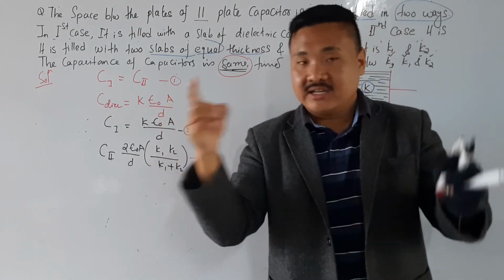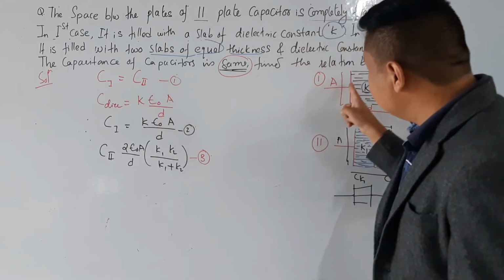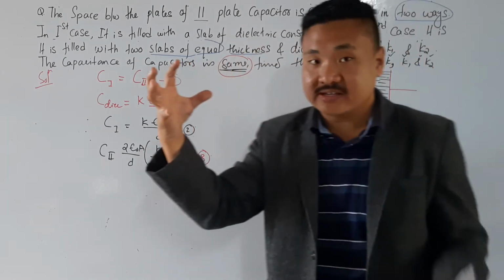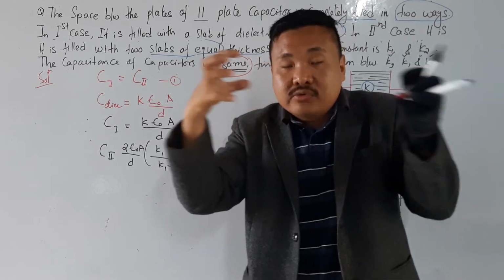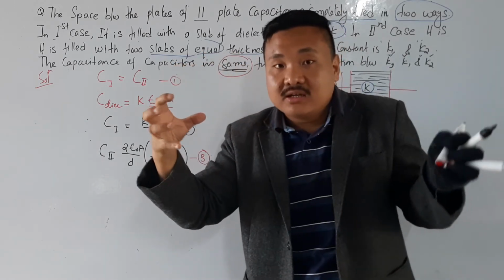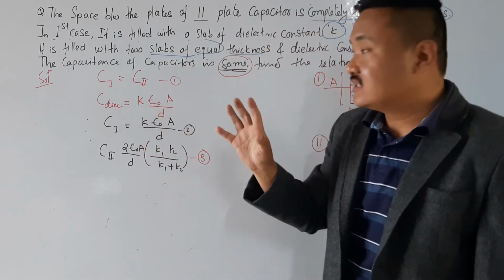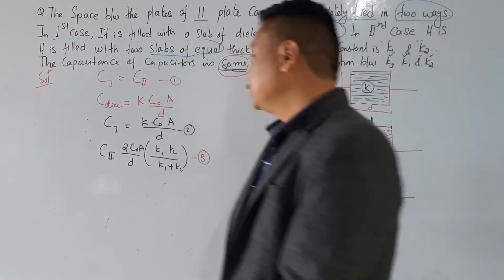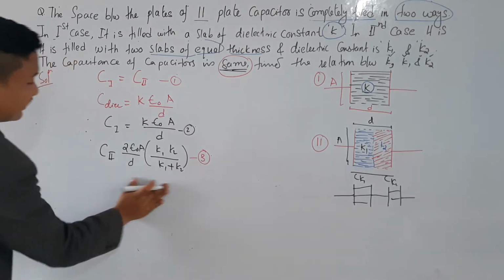If you remember, the area is going to be cancelled and D is going to be cancelled. Whenever you make them equal, all the things will be cancelled except K and K1 and K2.